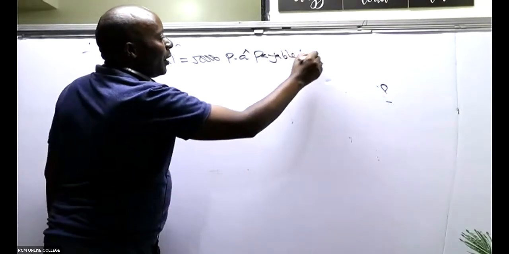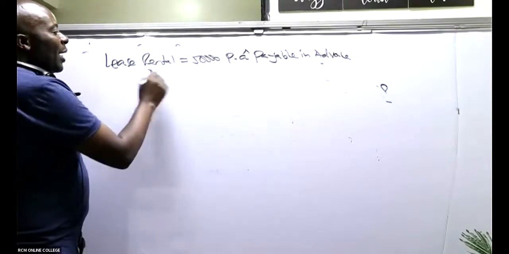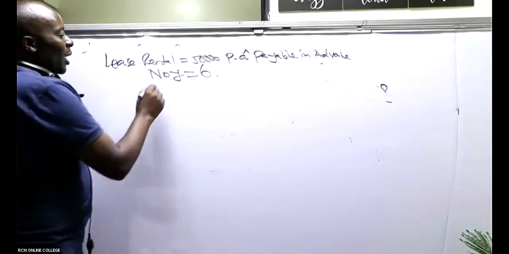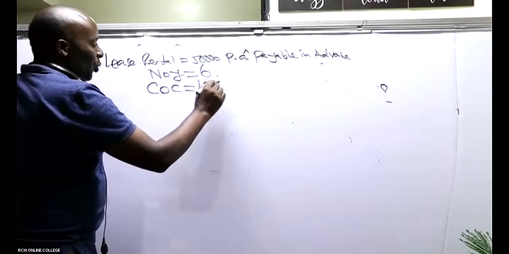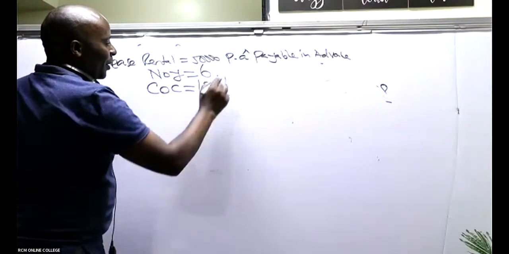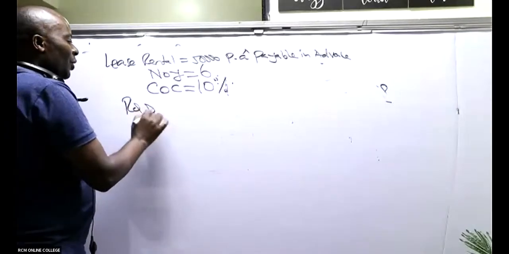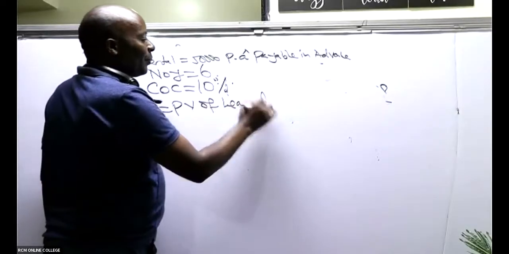The number of years is 6, for example. They'll give you the cost of capital, let's use 10%. And then you'll be required to give the present value of the lease liability.